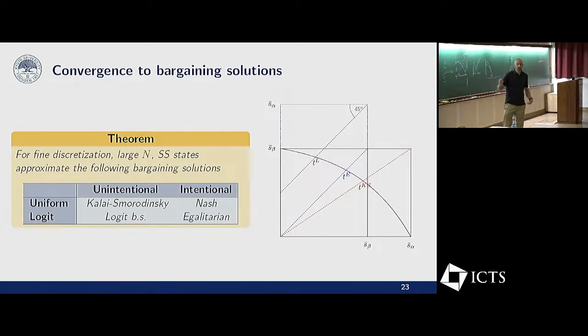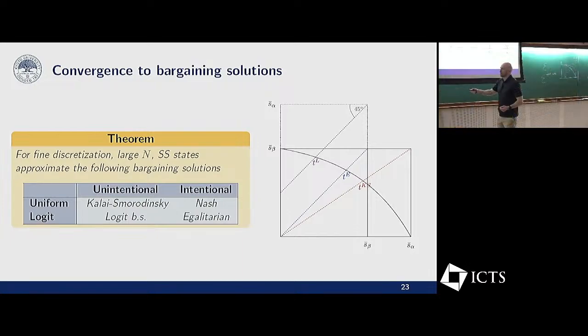And when we looked, did they best respond most of the time? The answer was yes, they did best respond most of the time. And then we could ask the question, when they don't best respond, what do they do? And the answer was, it depended on payoffs, so they were more like logit than uniform. And they were intentional.